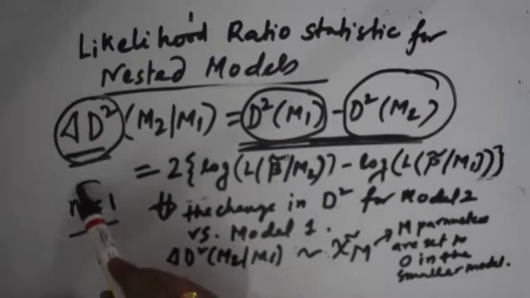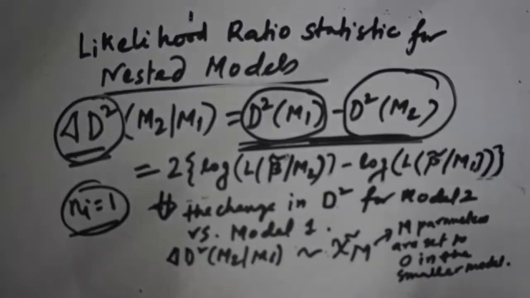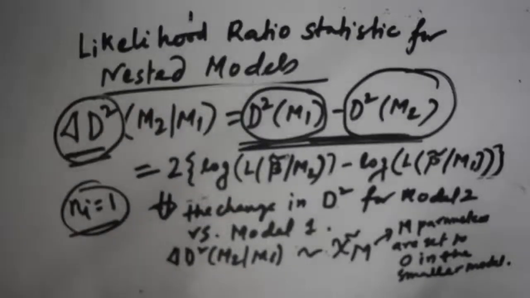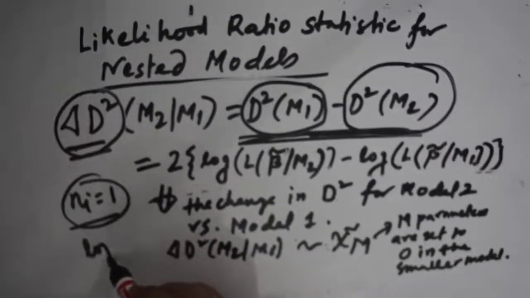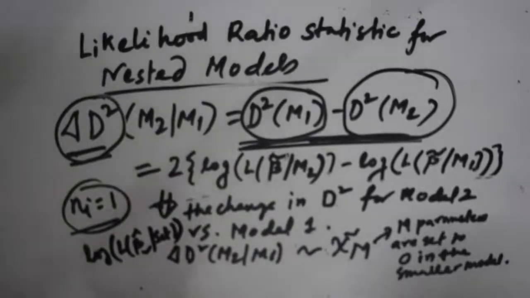That means ni equal to 1 and delta D squared will still be approximately a chi square test statistic for beta 2 equal to 0, since log L beta hat tilde saturated subtracts out in the difference.